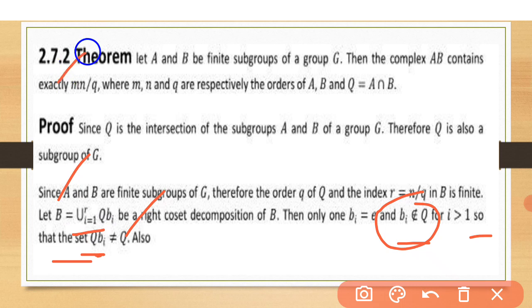We are going to prove that the order of the product of two subgroups is divided by the order of their intersection.